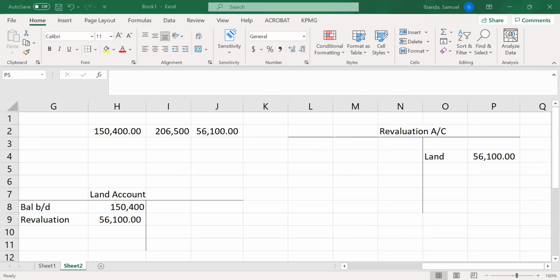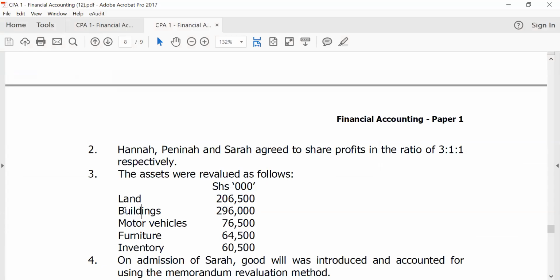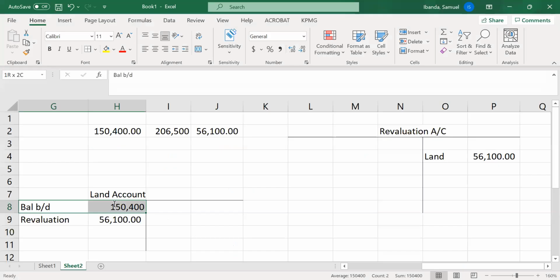So after we've drawn up those respective accounts, because you're now going to draw them up, I'm not going to draw them up. So you draw up for each of the assets as provided to you. We shall draw up a buildings account, a motor vehicle account, a furniture account, then an inventory account. Like I told you, the principle is start with the balance brought down.